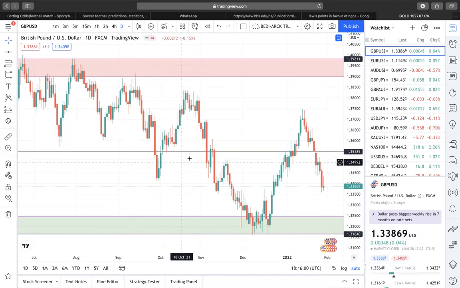But when you come to the golden zone, then the probability is now 50-50. Is that okay? 50% of the time buyers can take over, 50% of the time sellers can take over. But at demand and supply, the ratio, the probability goes high. Okay, so at demand, higher probability for buy opportunities, and at supply, higher probability for sell opportunities.